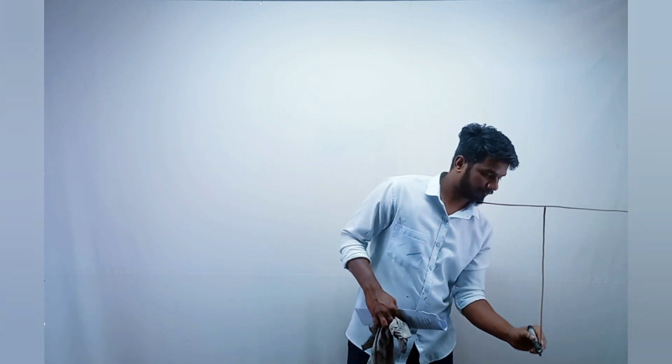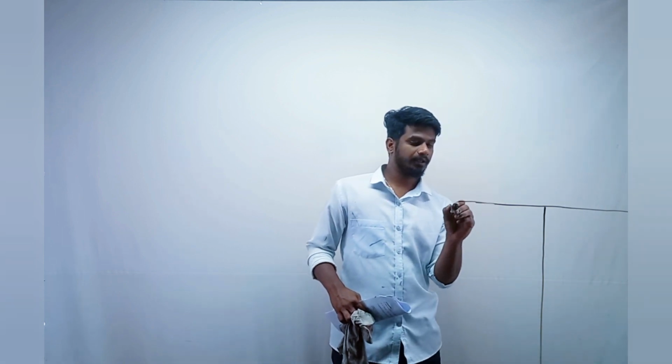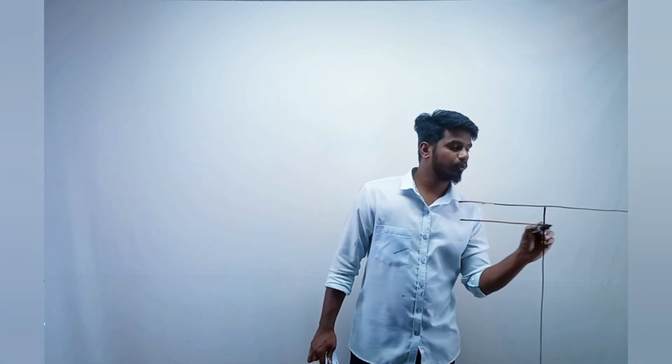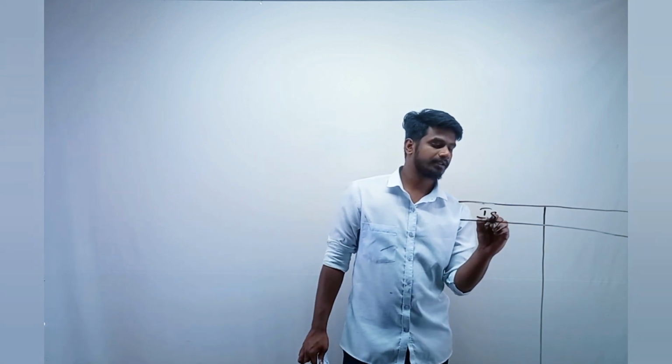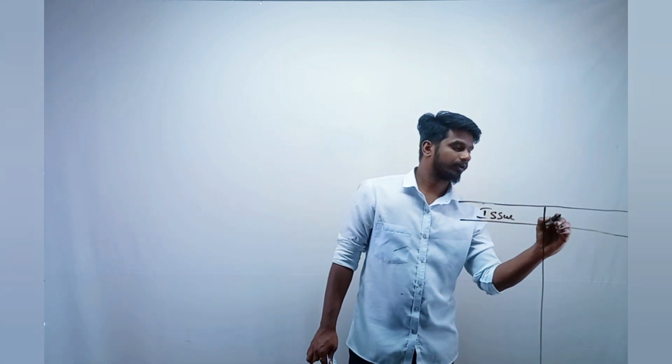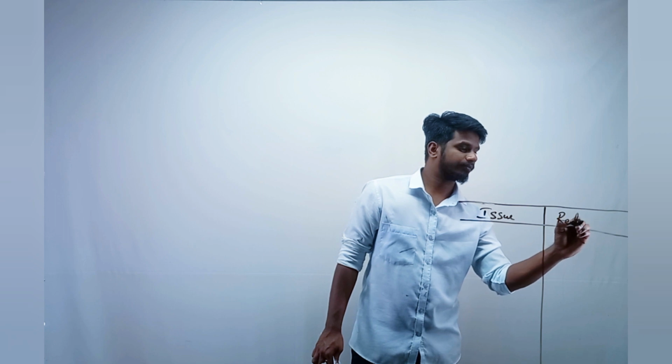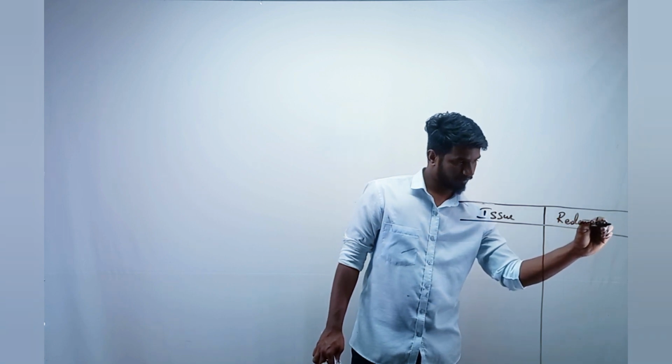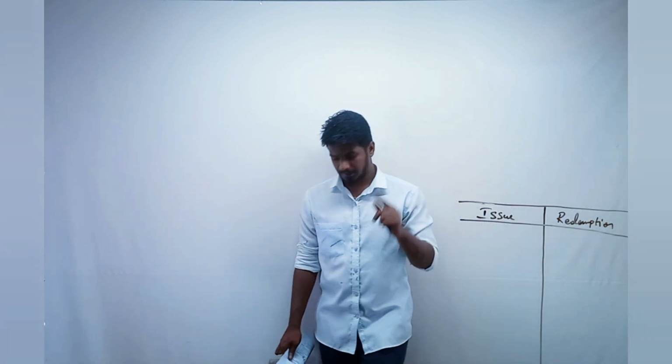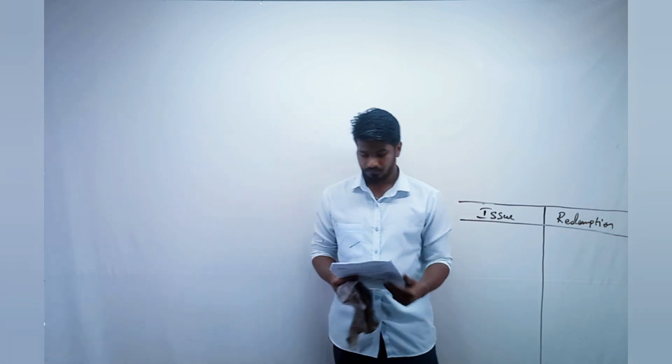Now it will be visible for you. All right, so this calculation you can do in your examination in the last page of your answer sheet. Don't write it with the solution. Correct. So here it is issue and here it is redemption. Just write this. Let us solve the question.